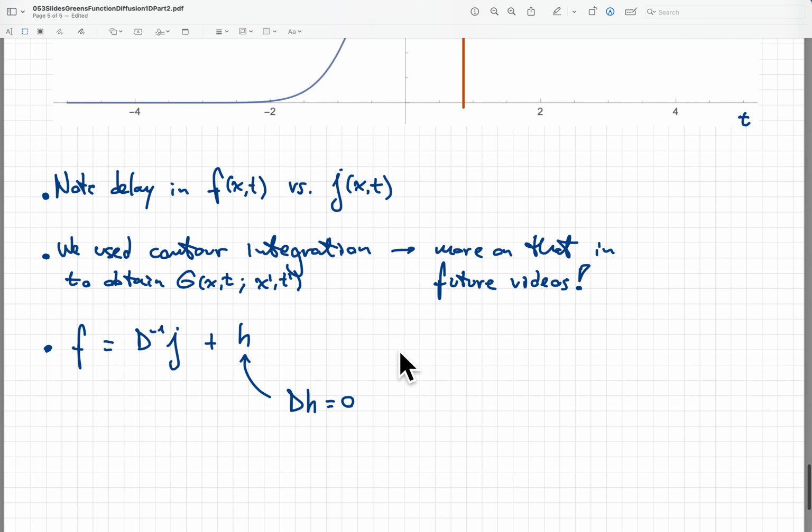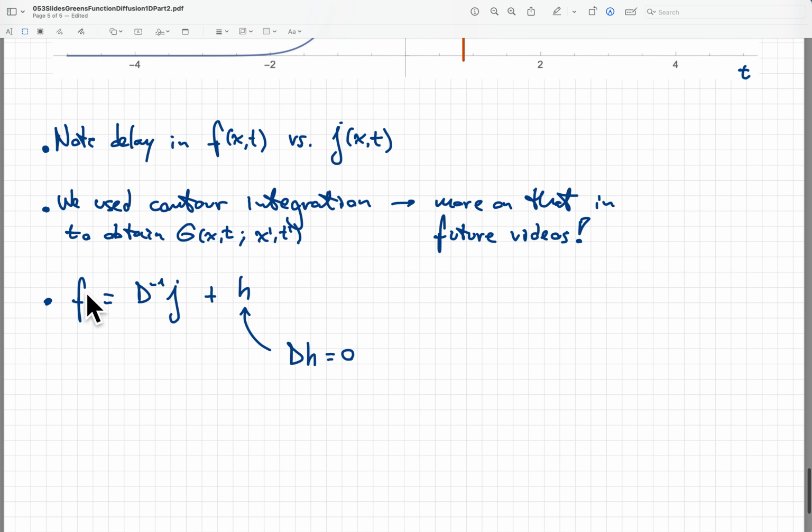And finally, I want to emphasize that, once again, this is a very, very common way to approach the problem of solving linear inhomogeneous partial differential equations. So you will have a solution given by an inverse of an operator, which typically will involve a Green's function applied to the source, the inhomogeneity, and then you may or may not need to add an extra term that fixes the initial boundary conditions, and that term will necessarily obey the homogeneous equation, which could be the homogeneous diffusion equation, it could be the Laplace equation, and so on, or the homogeneous wave equation, or whatever it is that you're dealing with.